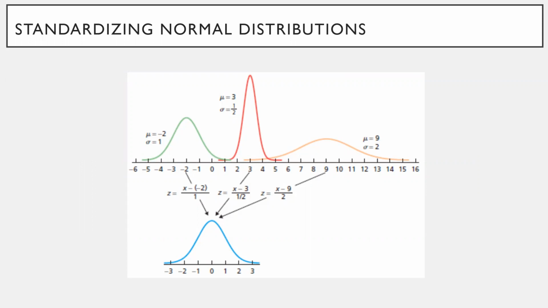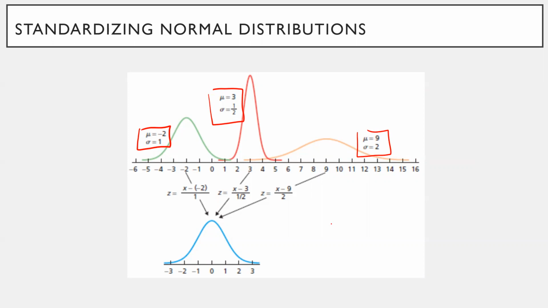So this is all that happens. If you look here, I have 3 different normal curves. This green curve has a mean of -2 and standard deviation of 1. This red one has a mean of 3 and standard deviation of 1/2. And this beige one has a mean of 9 and standard deviation of 2. Now, all normal curves have the same properties.